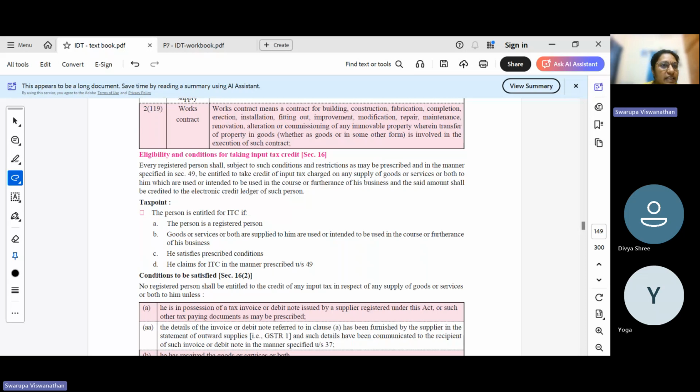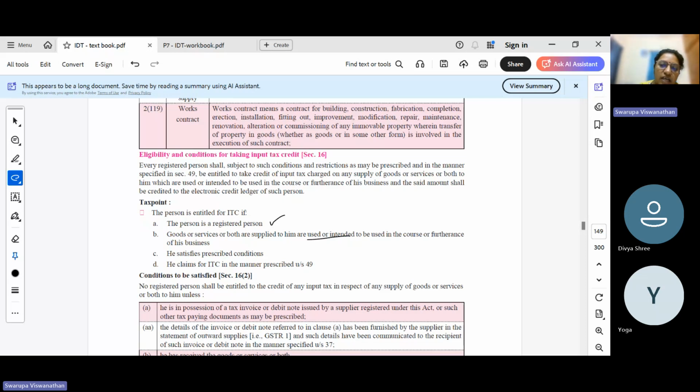The person is entitled to ITC if he is a registered person, and the goods or services supplied to him are intended or used in the course or in furtherance of business. He also satisfies certain other prescribed conditions, and claims ITC in the manner specified under section 49.